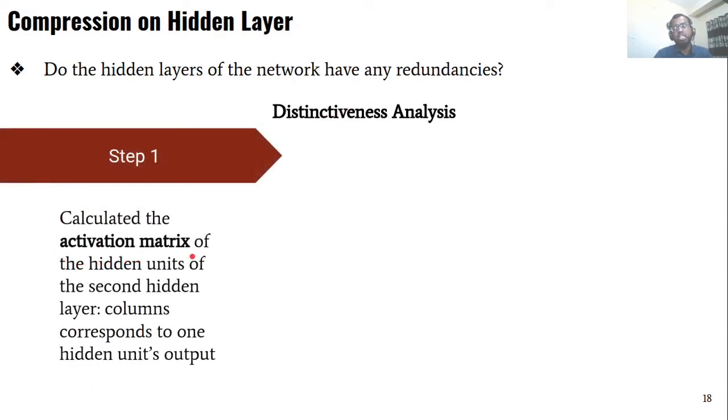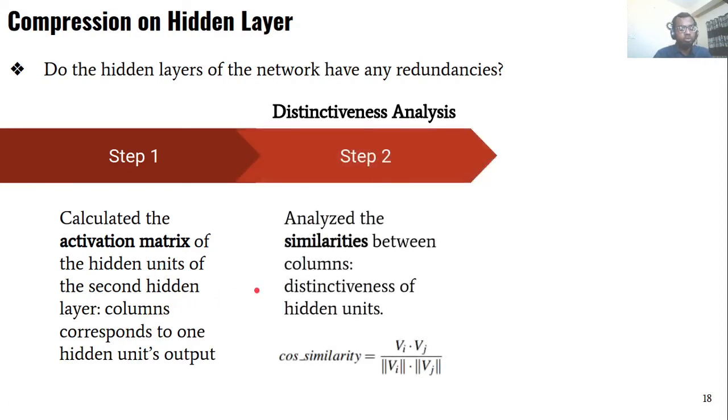We calculated the activation matrix, which is basically the output matrix of a particular layer, and we focused on the second hidden layer for this compression technique. In that activation matrix, the columns correspond to the hidden units' outputs.